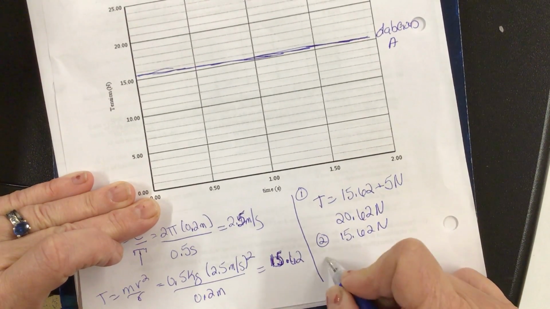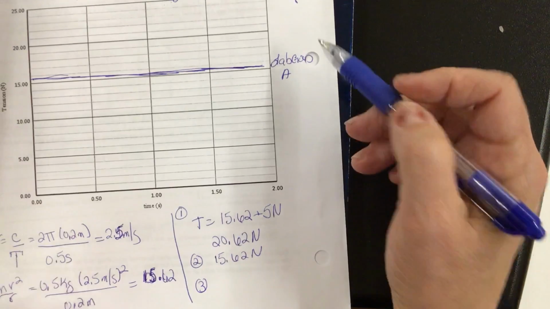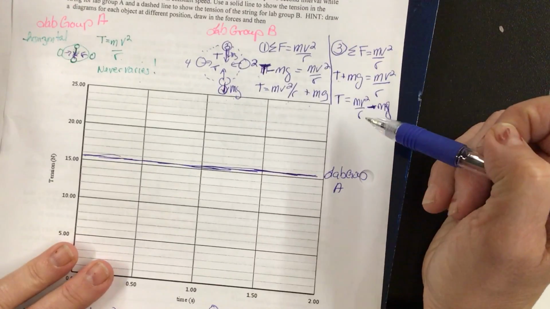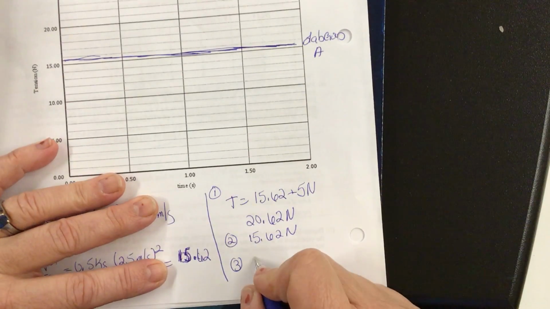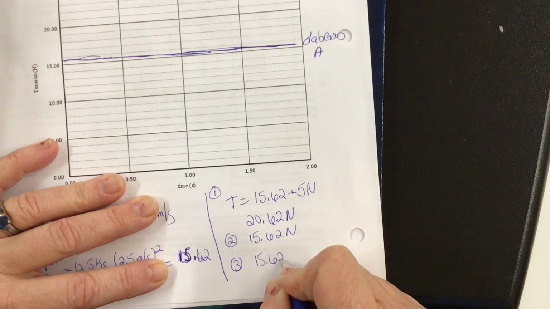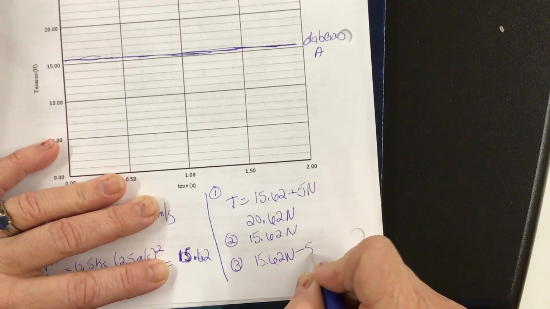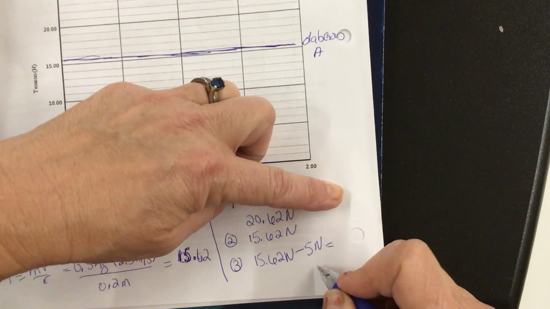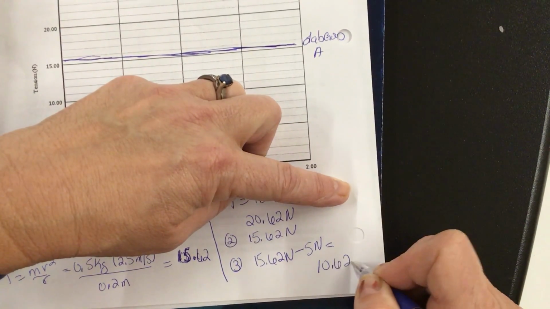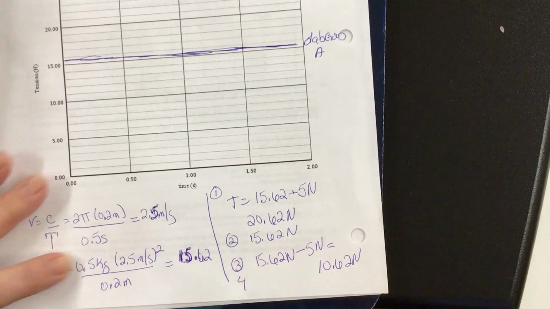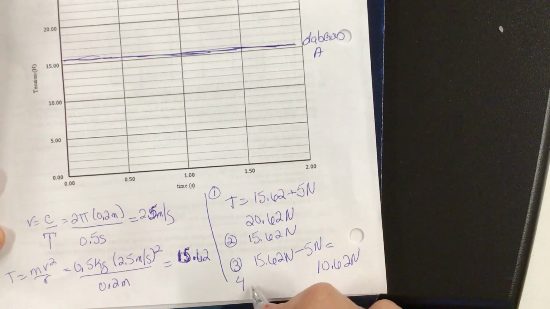Okay, at the top, position number 3, instead of adding the weight, we said that we would subtract the weight. So that would be 15.62 newtons minus 5 newtons. So that would give us a total of 10.62 newtons. And finally, in position number 4, we're back to just tension again.